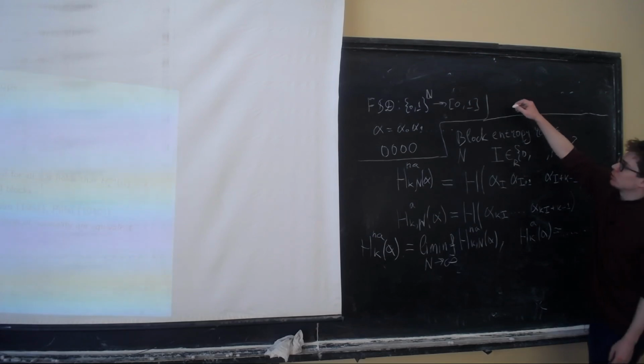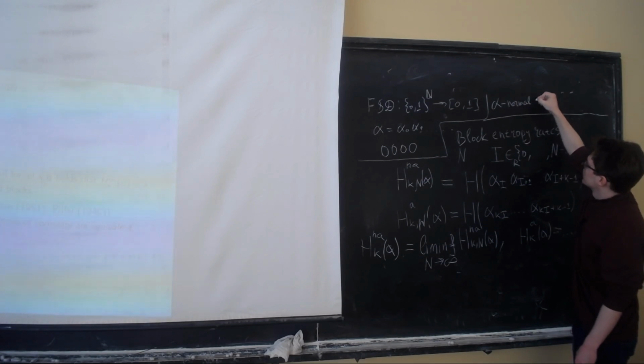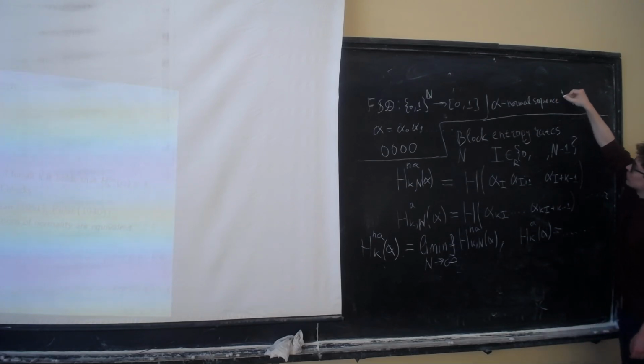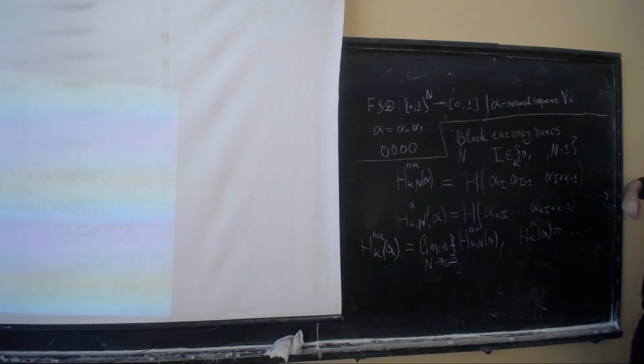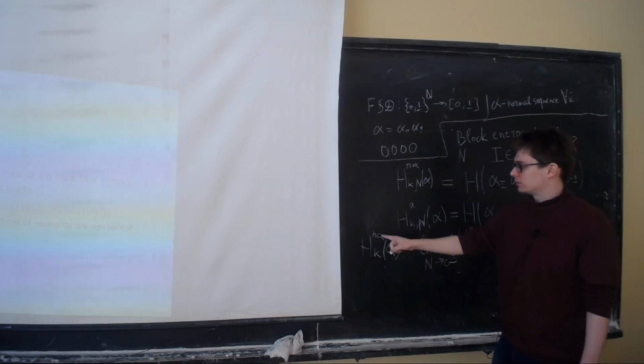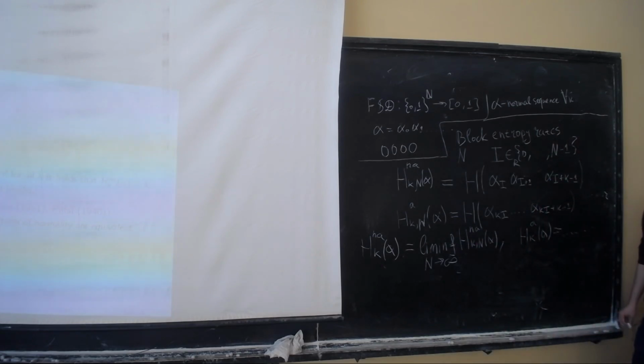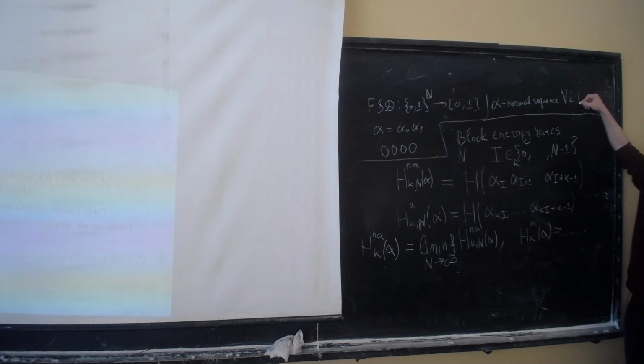I call alpha a normal sequence if for all k, the block entropies for blocks of length k are the maximal possible.